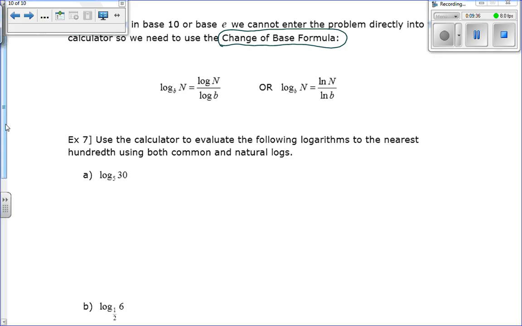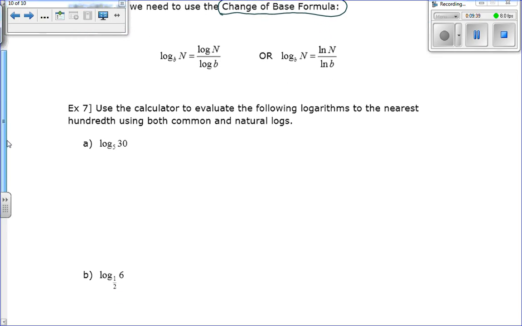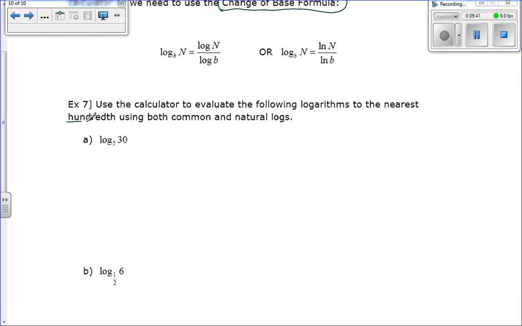So use a calculator to evaluate the following logarithms to the nearest hundredth using both common log and natural log. So all I'm going to do is use my change of base formula using logs and using natural logs. So in this case, I would say the log of the number, which is 30, divided by the log of the base, which is 5, and I'm rounding to the nearest hundredth, it would be 2.11.